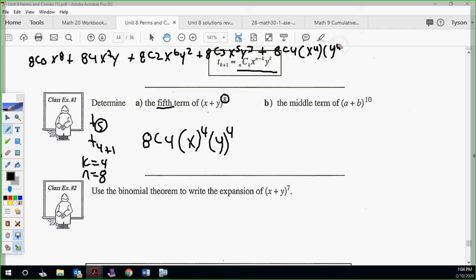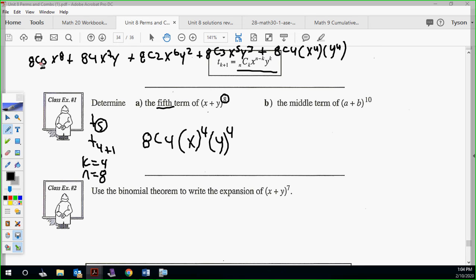Okay. So, they said the fifth term, right? 1, 2, 3, 4, 5. That's why the pattern moves you over 1, because we start with 8C0. That's what the k plus 1 is doing. It's just sliding you over.